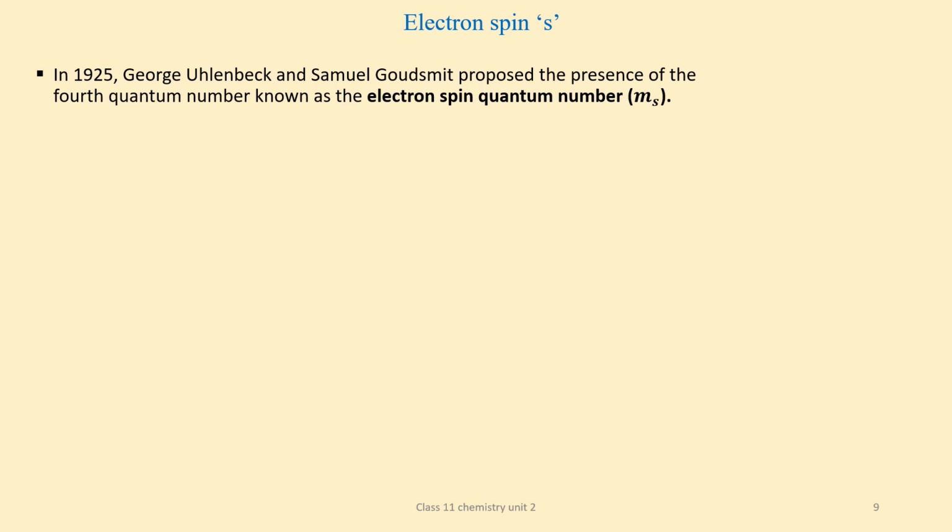In the year 1925, George Uhlenbeck and Samuel Goudsmit proposed the presence of the fourth quantum number known as the electron spin quantum number, represented by the symbol small m subscript s.